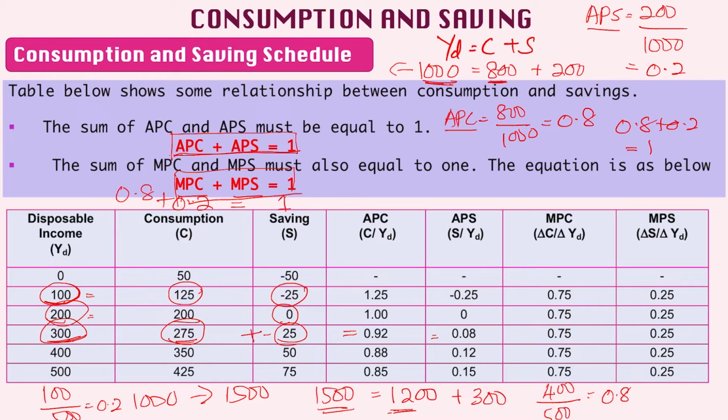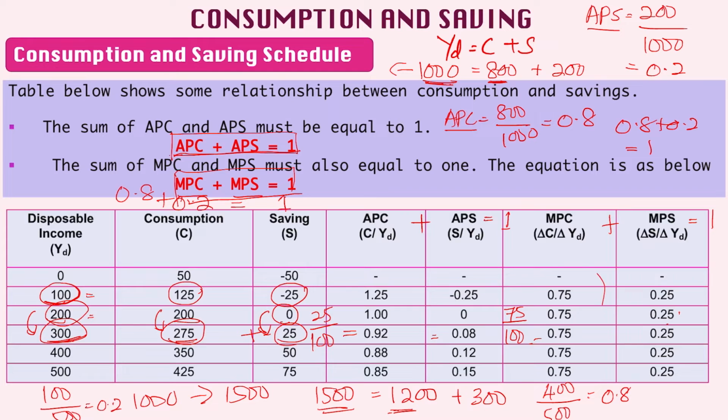For MPC, income increases from 200 to 300 and consumption from 200 to 275, so 75 divided by 100, which is 0.75. For saving, from 0 to 25, the change is 25 divided by 100, so this is 0.25. MPC plus MPS equals 1, and APC plus APS equals 1.